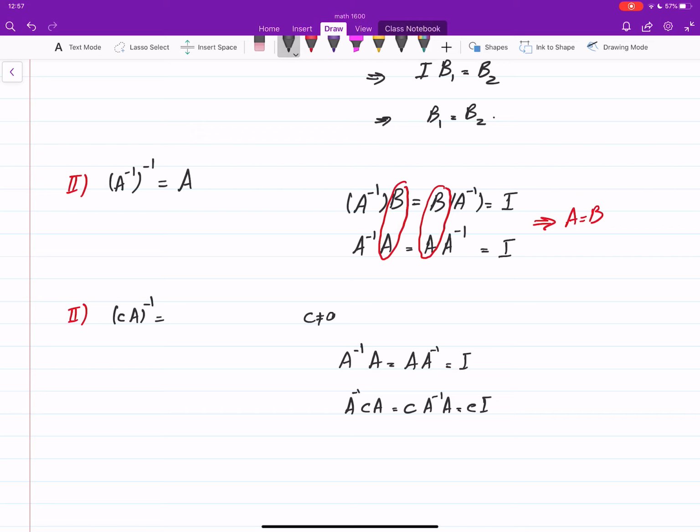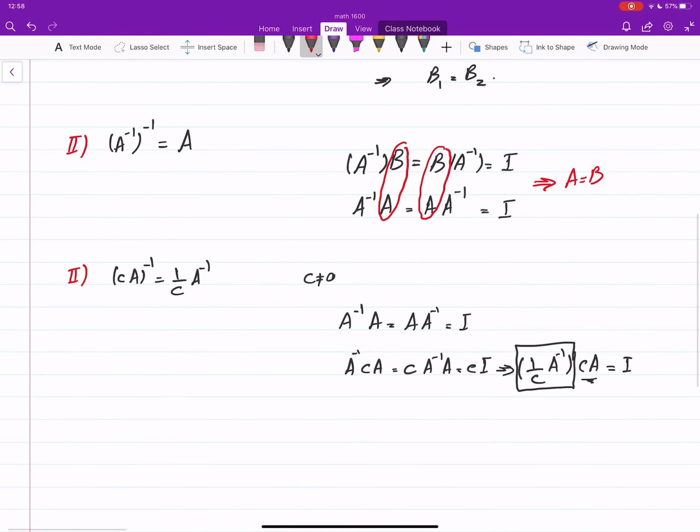I'm interested in finding I, so I divide both sides by C. So 1 over C A inverse times CA is equal to identity. This means that we found a matrix which, when you multiply from the left to CA, you get identity. You can do a similar trick, and you will see that the inverse of CA is 1 over C times A inverse. Basically, the inverse of the scalar times the inverse of the matrix. That was the third property.